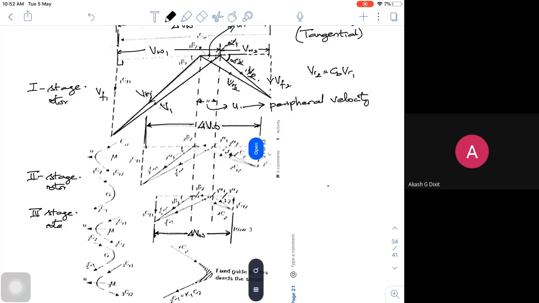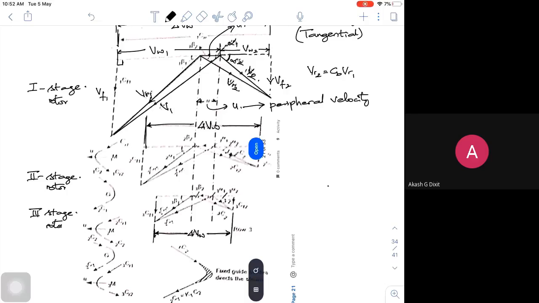Okay. Now, when I come to the second stage rotor, what will happen? As I told, fluid will be coming out of your rotor. It enters the stator, then it will come out. So if this is my V2, and there is a carryover coefficient of 0.95, I can simply multiply 0.95 into this particular thing and 0.95 into this particular thing. So if this is V2, this is V2 dash, this is V3 dash, and this will be V3.